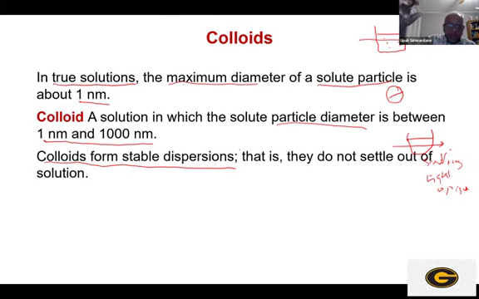That means in the homogeneous mixture, they do not settle out from the solution. Suspensions settle out and get deposited on the bottom of the beaker. We're going to talk about how large solutes get dispersed in a solvent to make colloids.